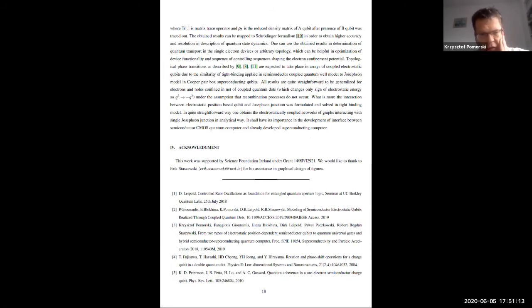So what are the possible nice features of this model? One of the main things I need to underline is that there has been a huge ongoing attempt to integrate semiconductor electronics and superconducting electronics for many years.